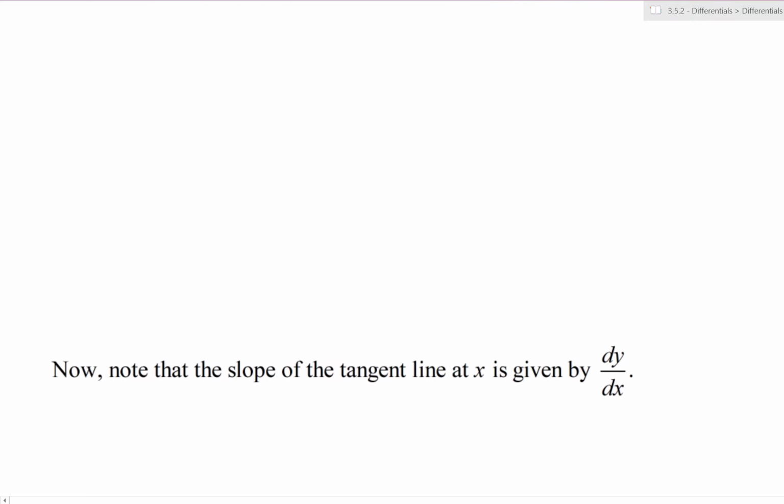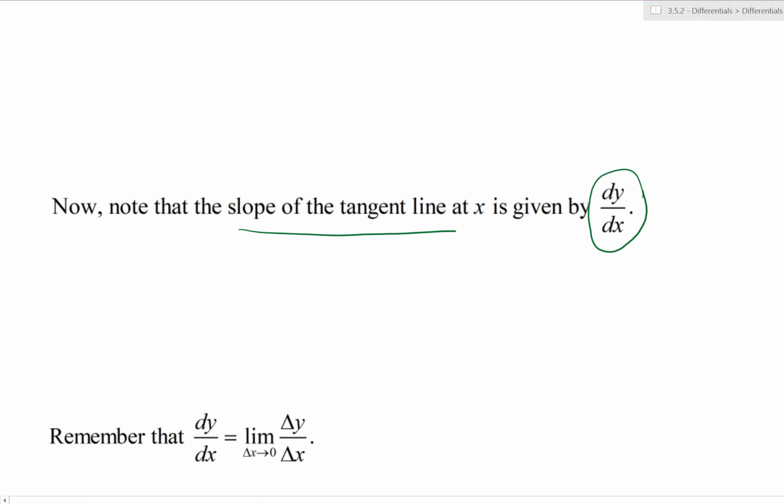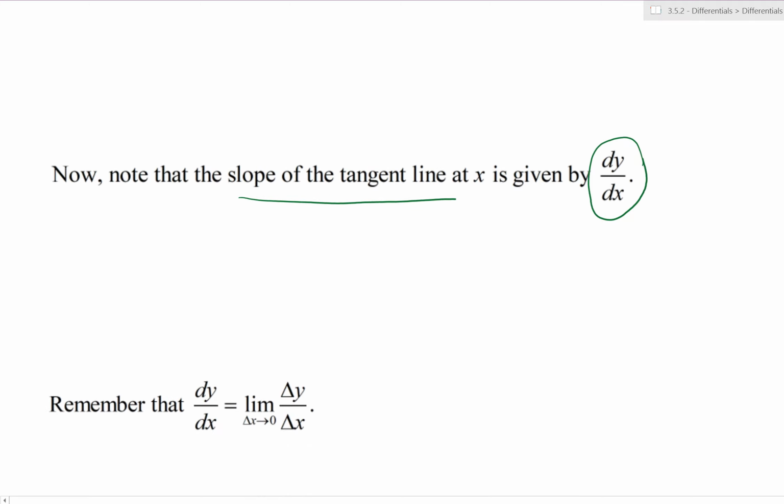Now, of course, the slope of the tangent line at x is given by dy dx. That's been our Leibniz notation. Though dy dx has various forms you can denote it by, one such form is this: dy dx, the instantaneous rate of change of f at x, is the same as the limit as delta x goes to 0 of the ratio delta y over delta x.